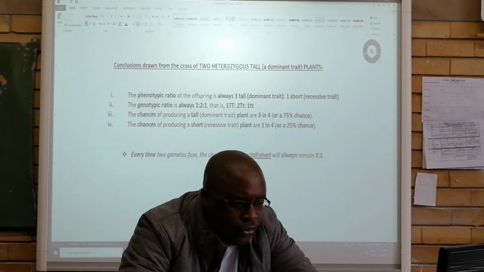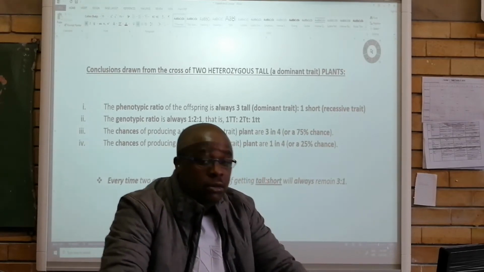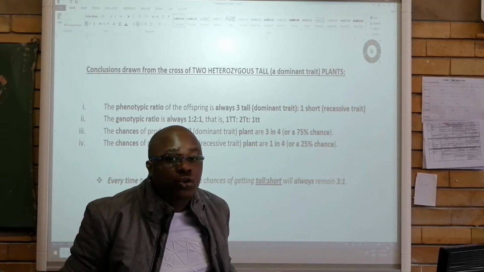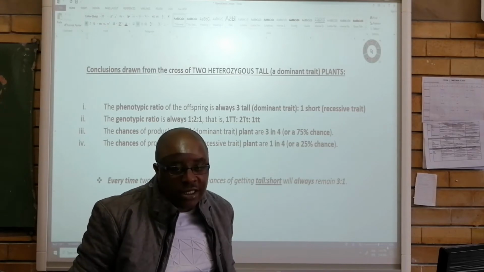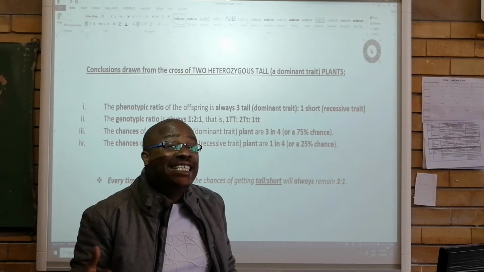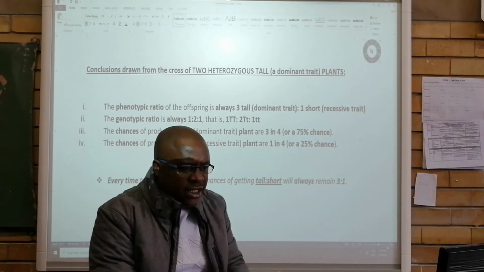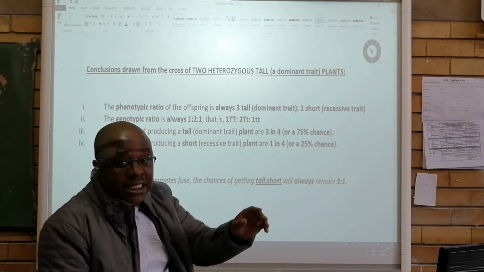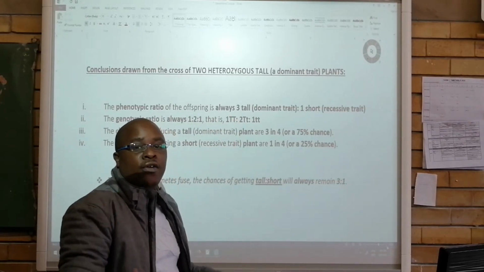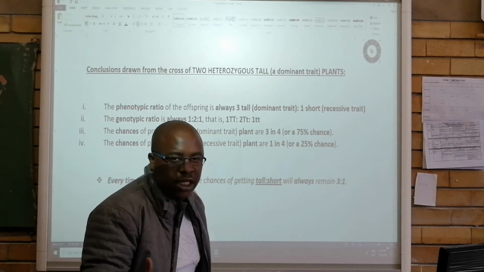Let me try to blow this up for you. A genotypic ratio of 1 homozygous dominant for that trait to 2 heterozygous for that trait to 1 homozygous recessive for that trait. Right. And then we look at the chances and everything like that. Because we're using height in pea plants, these conclusions are for height in pea plants where tall is the dominant trait.